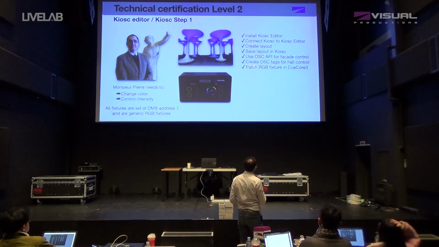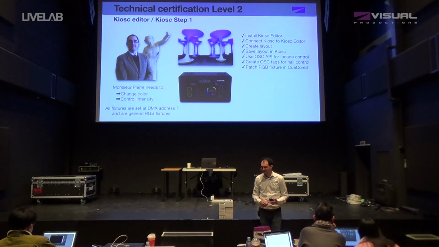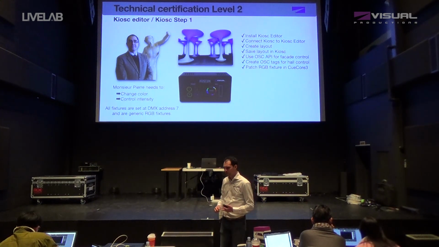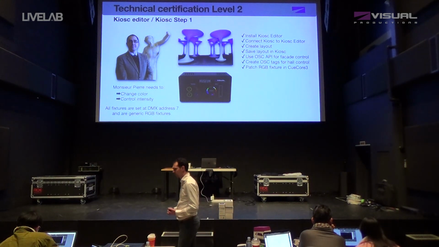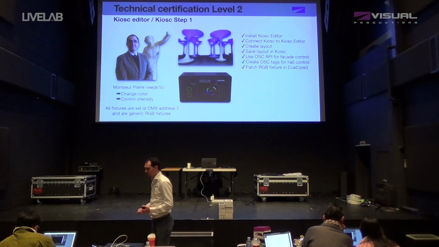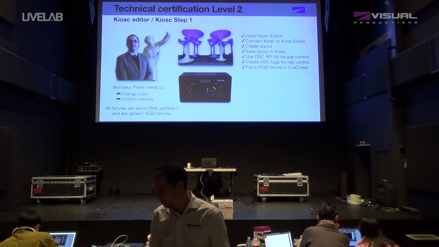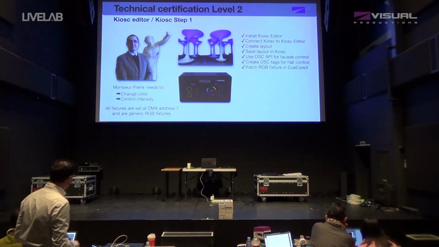So now we're gonna go inside the patch of the Q-Core3 and we're gonna create one RGB fixture with address number 7. And don't forget to activate the virtual dimmer on it. Okay.